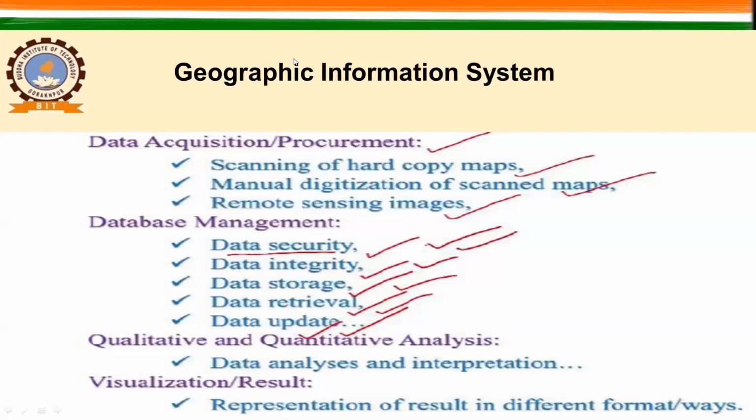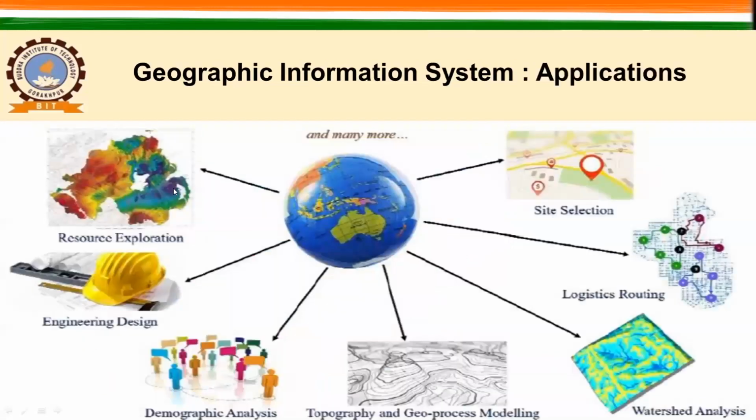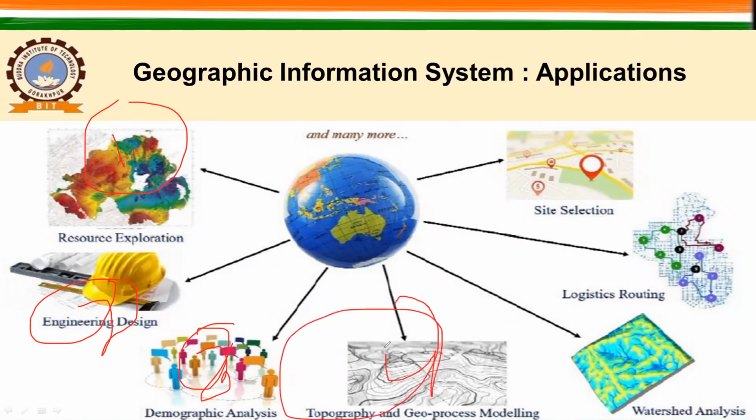Now, what are the different applications of this geographical information system? In geographical information system, the first one is resource exploration. Okay, so the first one here is resource exploration. This is your first application. The next is engineering drawing. Then demographic analysis, the third one. Then topographic and geo process modeling, the fourth one.